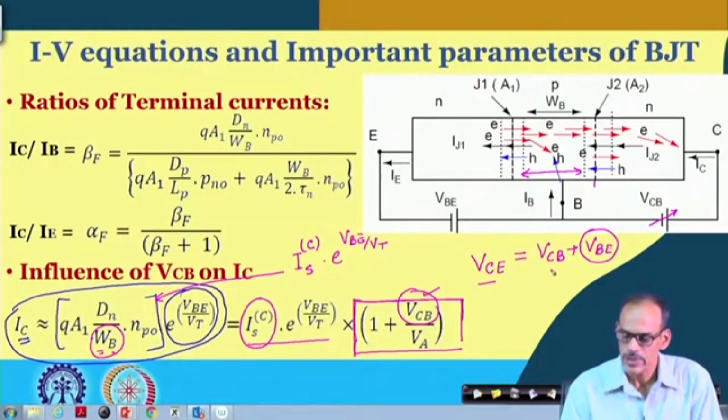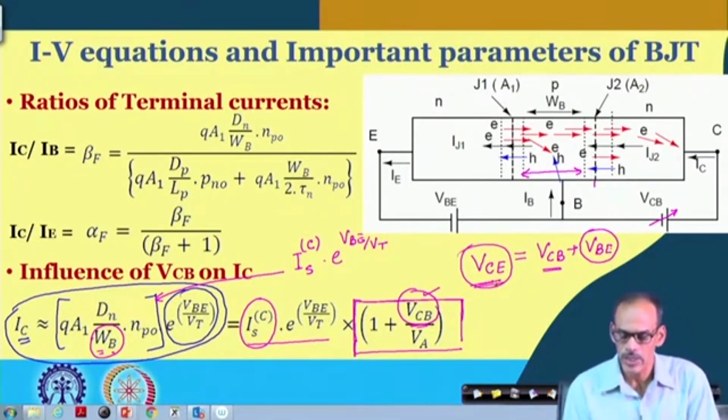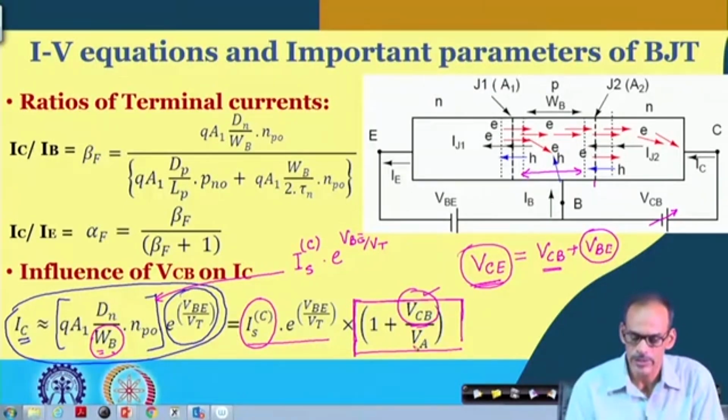So, we can say variation in V_CB can be well approximated by variation in V_CE, and invariably in our normal characteristic equation, instead of using V_CB we use V_CE. So, that may require additional adjustment, but that can be ignored.